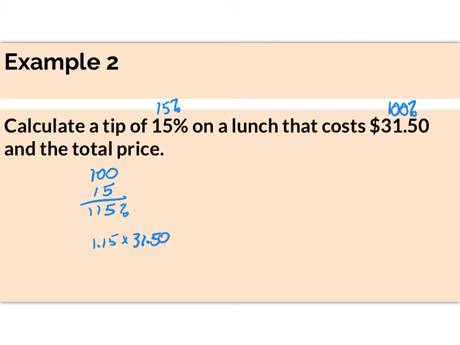And doing the calculations, equals 36.23 once we round it off to the nearest cent. So I feel like this is a better method. I'm showing you both ways and you pick the way that's best for you.